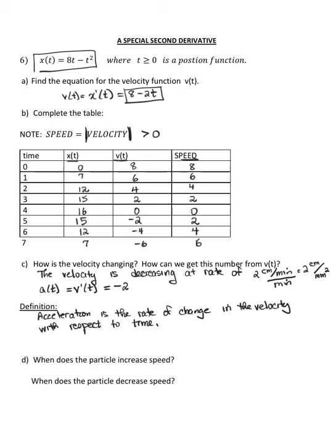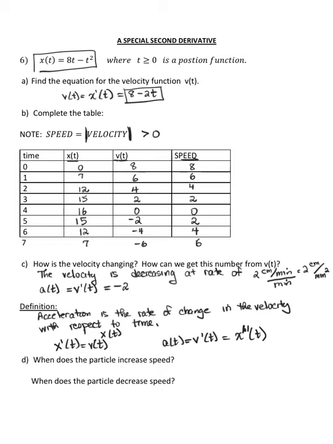And again, if this is our position function, the first derivative of the position function gives us velocity, and the derivative of the velocity gives us acceleration. But that is the second derivative of the position function, so we'll write x double prime of t.